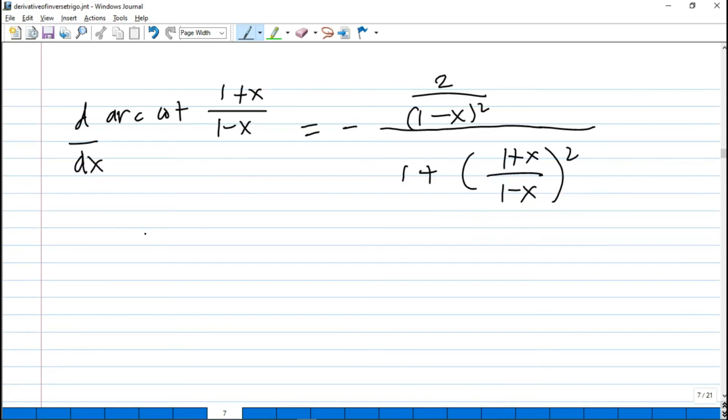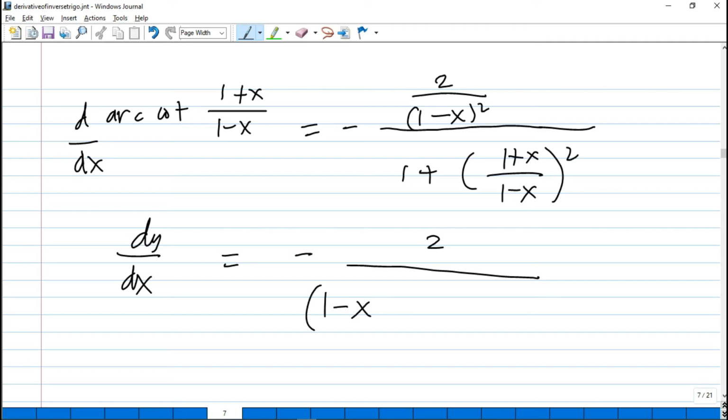Then we just simplify this. So this is dy over dx equals negative 2 all over, we can move this down here, 1 minus x quantity squared times this expression, 1 plus 1 plus x quantity squared all over 1 minus x quantity squared.